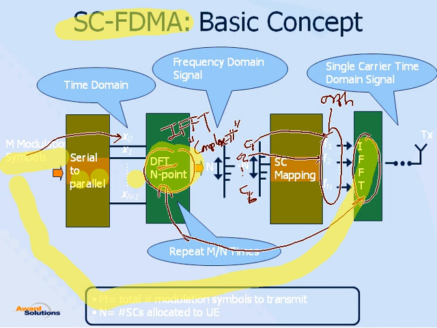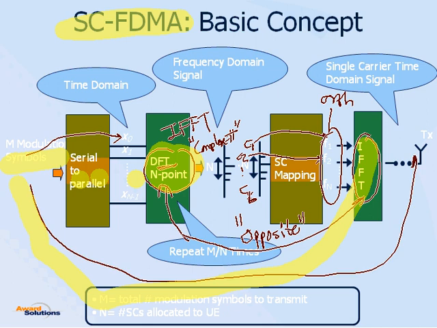DFT followed by IFFT, and they are opposite processing. One is the inverse of the other operation. So essentially, what comes out is something like your original modulation symbol. Some transmitted signal comes out, and this is basically some sort of modulation symbol.